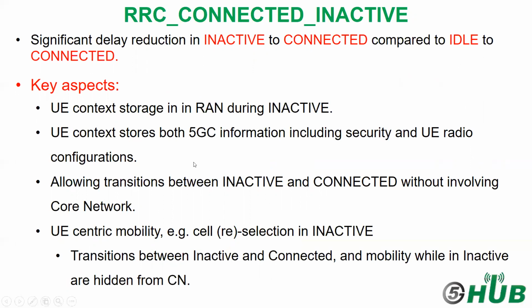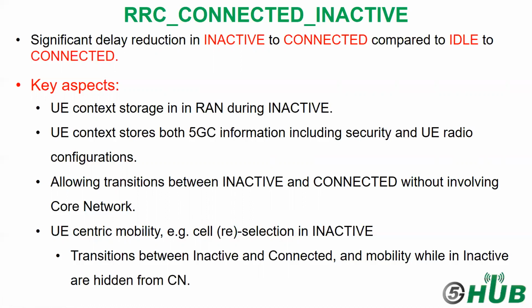Okay, what about the key aspects of the RRC inactive state? There are different key aspects. The user equipment context storage will be in RAM during inactive, like the access stratum user equipment context, and the security context is stored in the user equipment and the RAN.